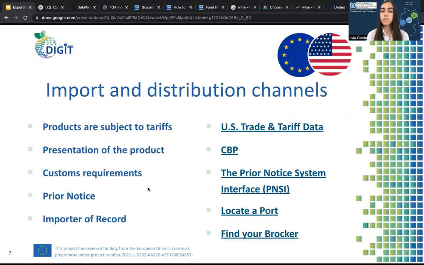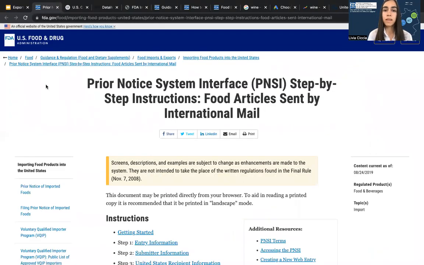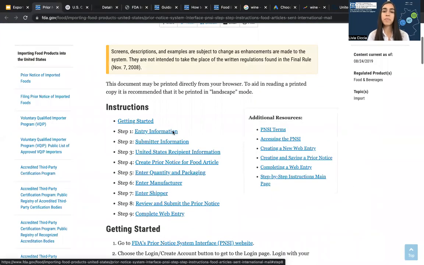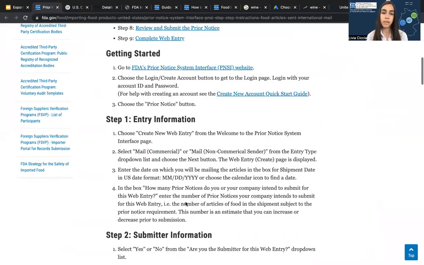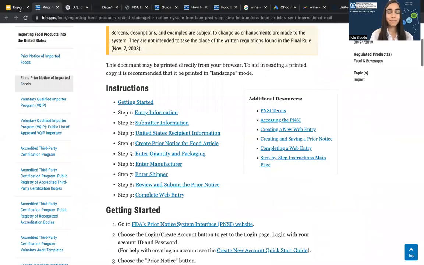US ports also require a prior notice, which means that you will have to notify the port at least 8 hours in advance before your product is arriving. And you can do that by looking at this website of the FDA, and you can provide your prior notice through the system. Here, there is all the information that you need to submit the prior notice.